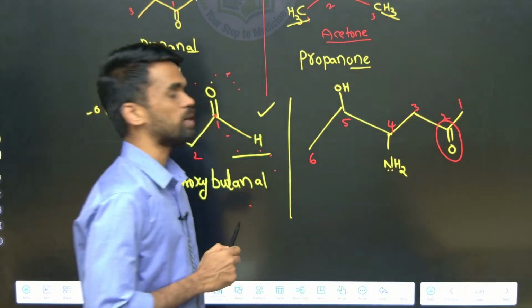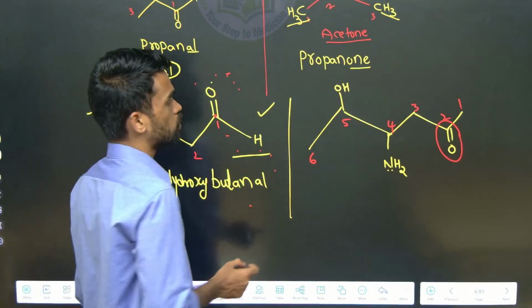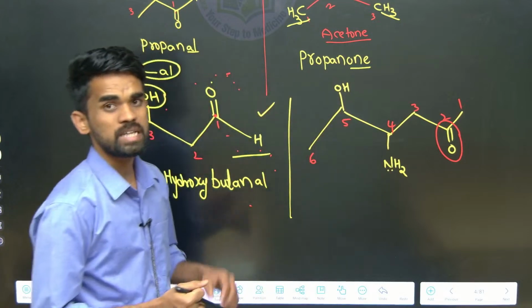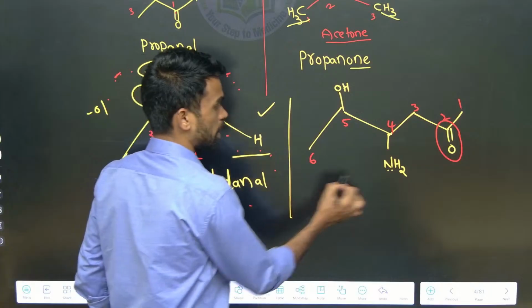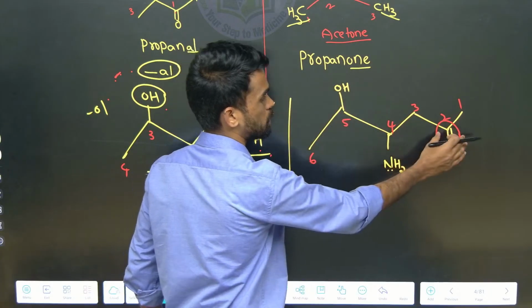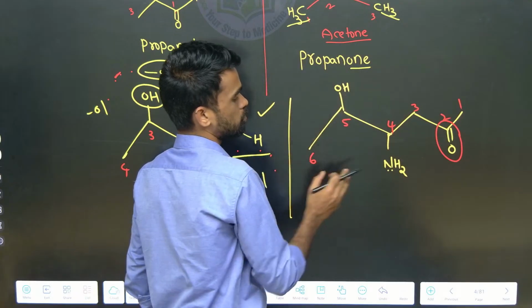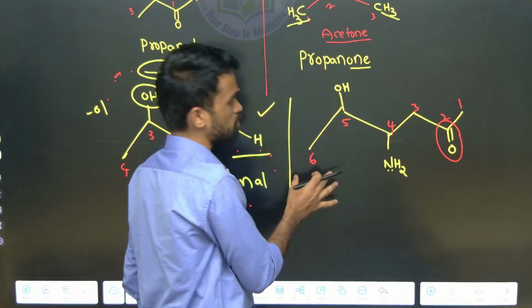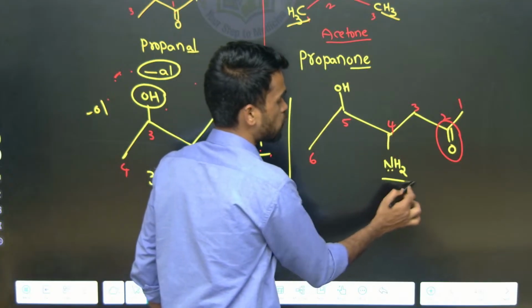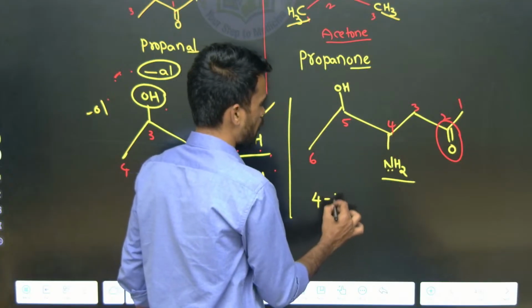Now what is the IUPAC name for this? So 5-hydroxy or 4-amino, which comes first? Amino comes first, because A comes first in alphabetical order. These are two other functional groups; this is principal, these are subsidiary. So they should be indicated as prefixes only. While writing prefixes, follow alphabetical order. So amino comes first.